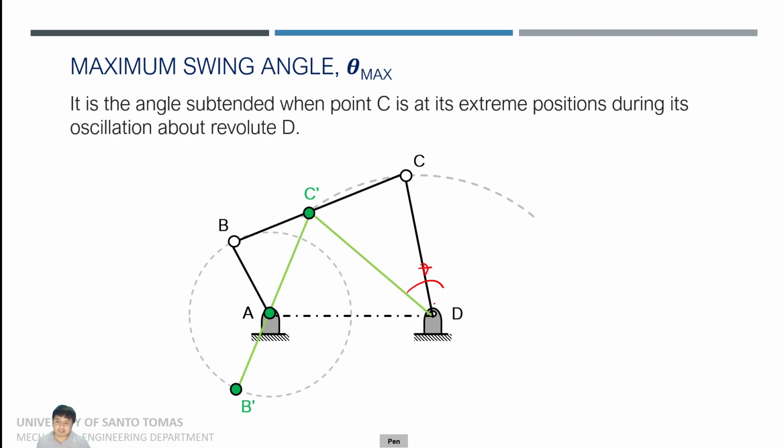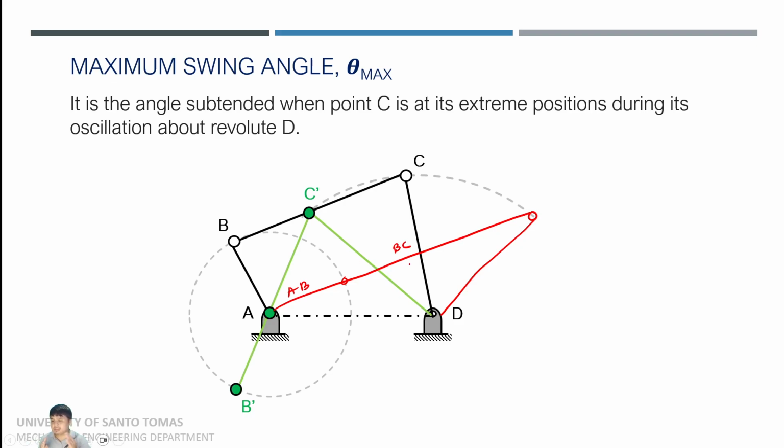we also want to determine this other extreme position. And as you can imagine, this will be your configuration. So this should be AB and this should be BC.